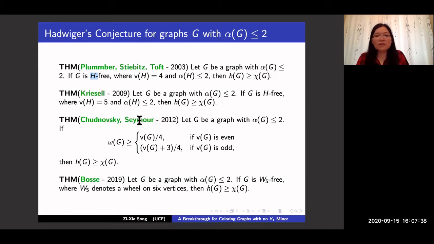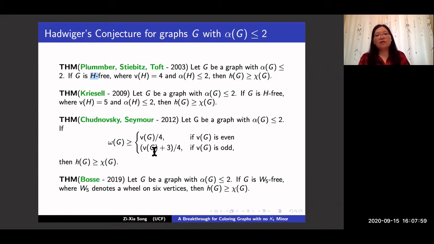To me, the most impressive result was this one by Melissa and Postle. Their paper title is Packing Seagulls. They take as many copies of induced paths on 3 vertices. They have this proof here.